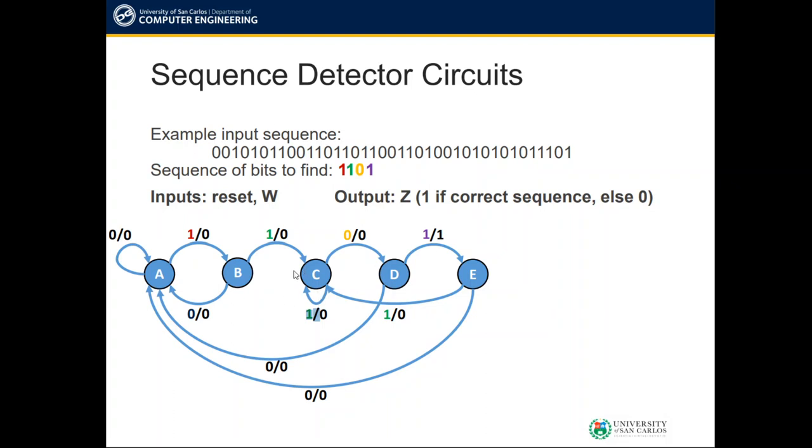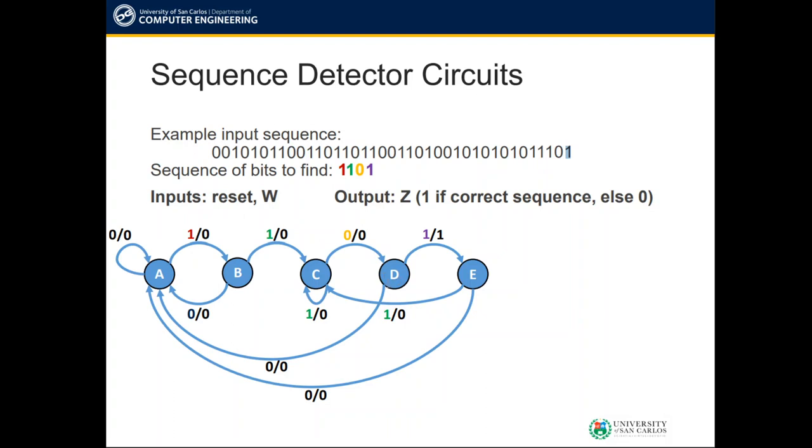Even though it is not the correct sequence, it still finds another sequence: when C becomes 0, it becomes 110. So this is 2 in the sequence above. So 1, 1, 1, and then 0. So it has a chance to get the same sequence if the next input is 1. So this is being considered here.